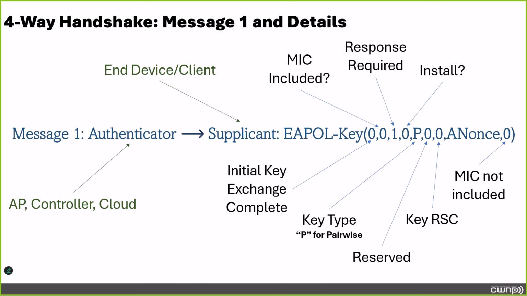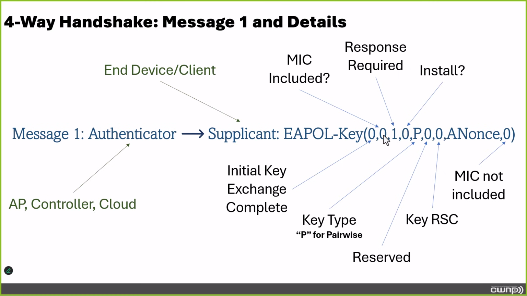Now, here are your technical details of that handshake, broken down with all of the different intricate element parts of it. And so basically all of these are bit values that are sent. So the first bit in the handshake message is going to be the initial key exchange complete, yes or no. So that's obviously set to 0 in message 1.